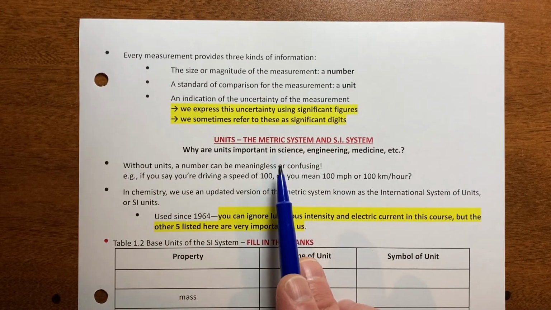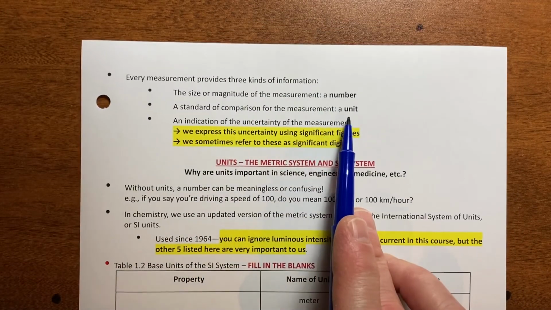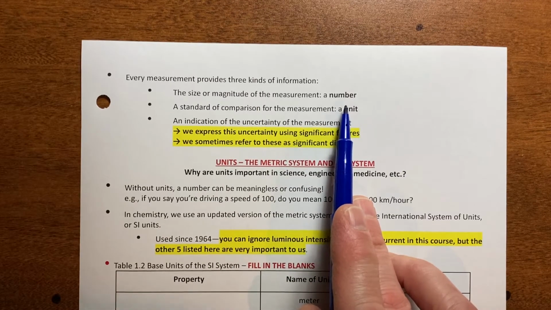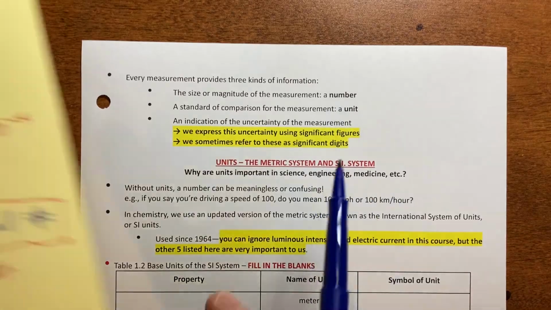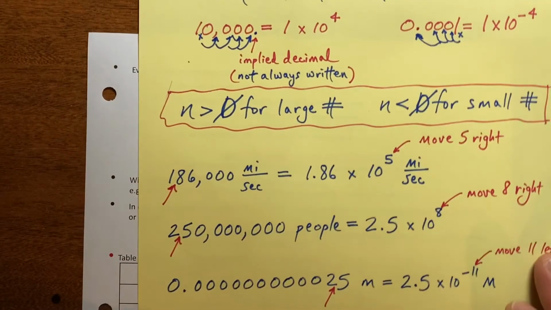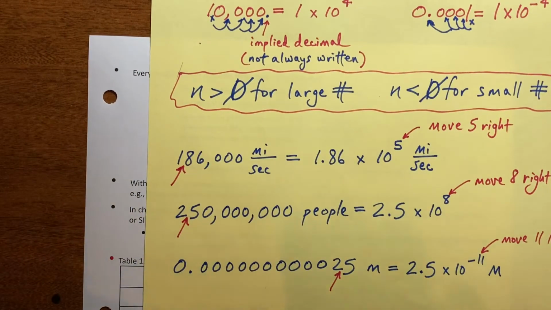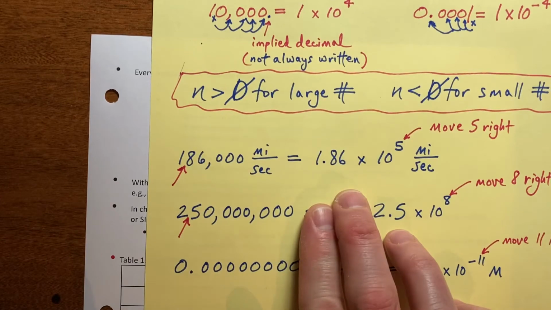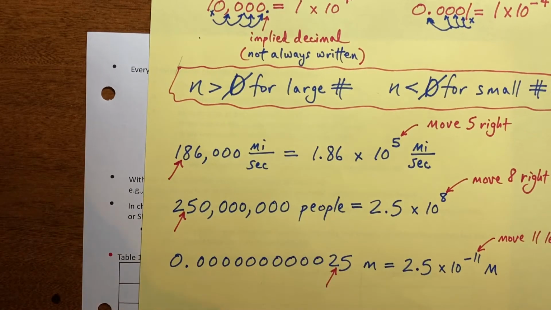So let's talk a little bit about these units, okay? What tells us that the number that I'm saying is what it is? If I just said 250, why are units important? Well, if I said 250 million what? Atoms, people, $250 million, you have to put a unit on there.